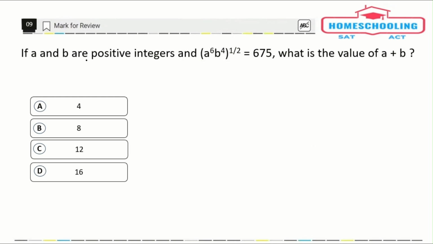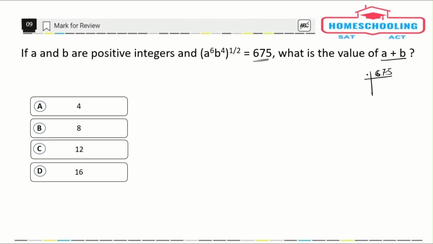If a and b are positive integers, and the equation given is a to the power 6 into b to the power 4, and whole to the power 1 by 2, is equal to 675. We have to find the value of a plus b. So let's first factorize 675.